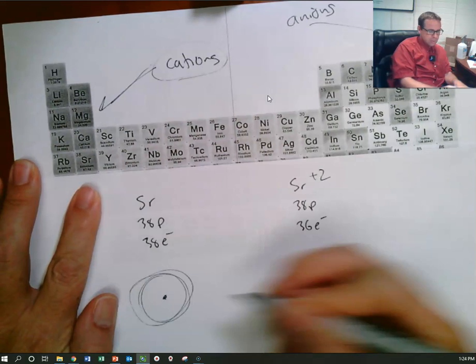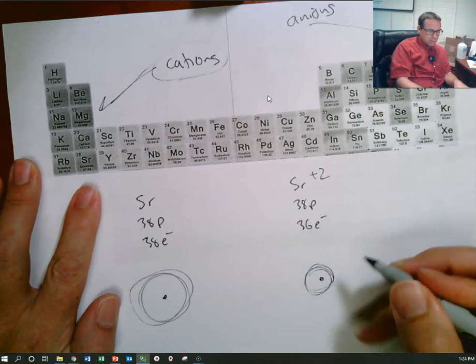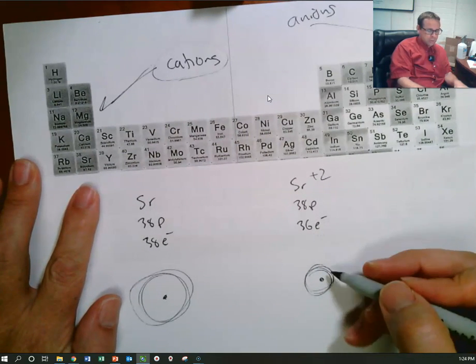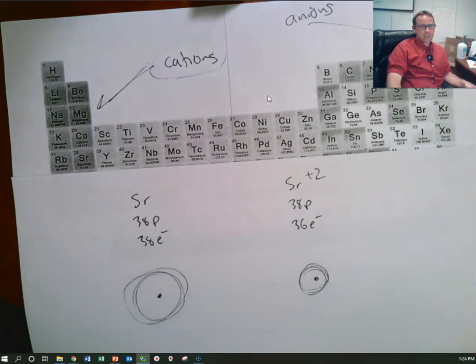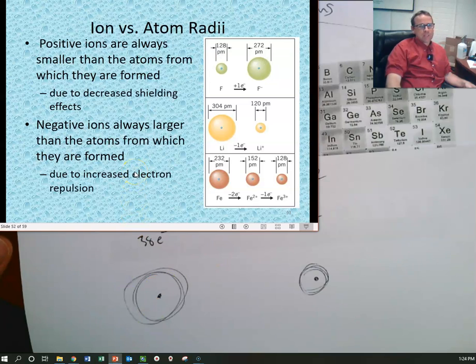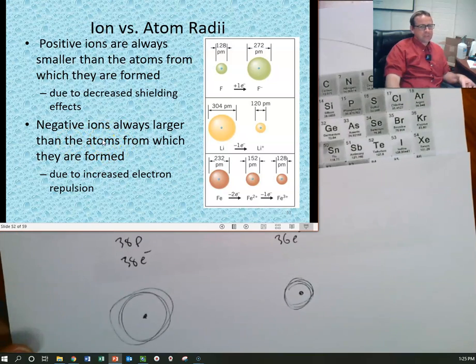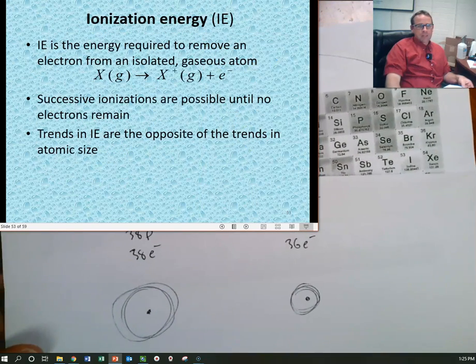So this is going to be smaller because 2 electrons fewer, and the protons can bring them in tighter. Okay, good. So positive ions are always smaller than atoms, while the negative ions are always larger than the atoms that they were formed from. Okay, excellent.